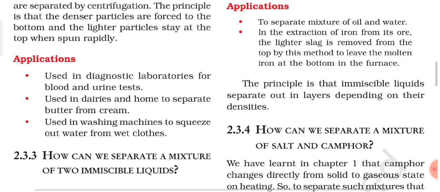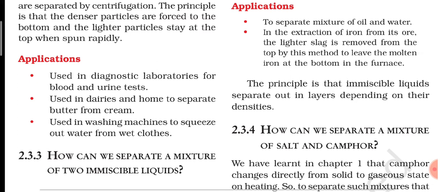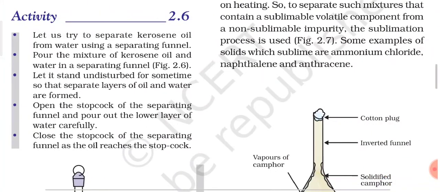So if we have this mixture, what method will we apply? We will apply the process of sublimation. So to separate such mixtures that contain a sublimable volatile component from a non-sublimable impurity, the sublimation process is used.